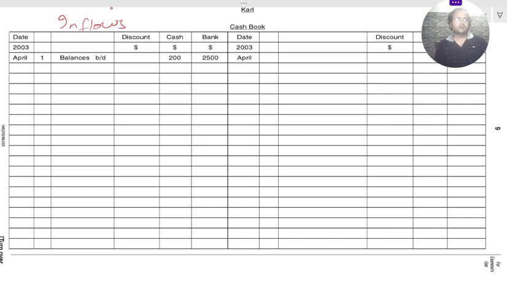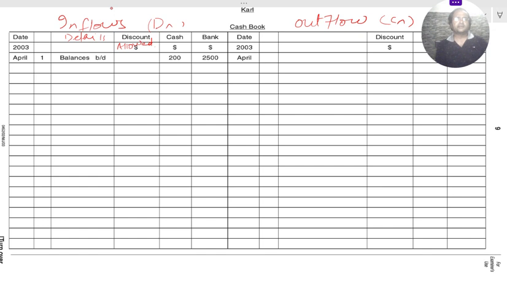And on the credit side, we record all outflows. So here are the date, transaction number, details, discount, and that discount is called discount allowed, in cash and bank.